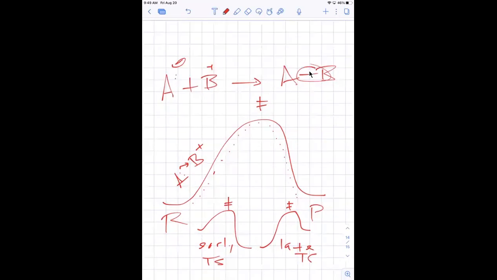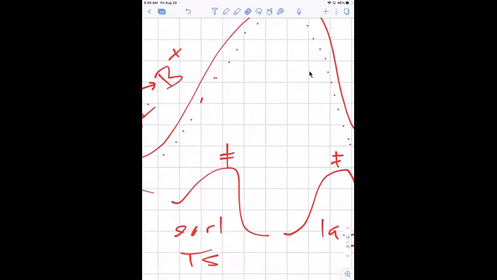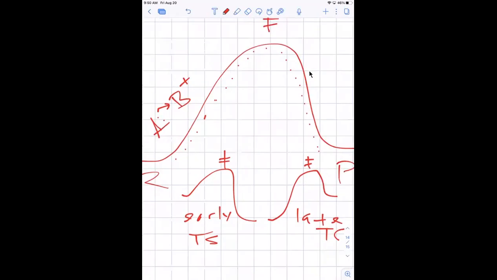So it just depends on whether it's exo or endothermic. But the point is that in the transition state, that's where the terminology is kind of descriptive of what's happening. There's transition happening. So your reactants are coming together to become more like what you're trying to make, your product. So they're transitioning from their original state to what they'll be on the other side of the reaction arrow.